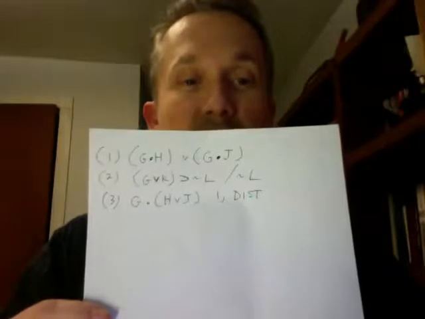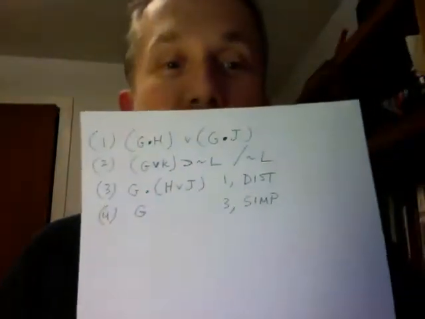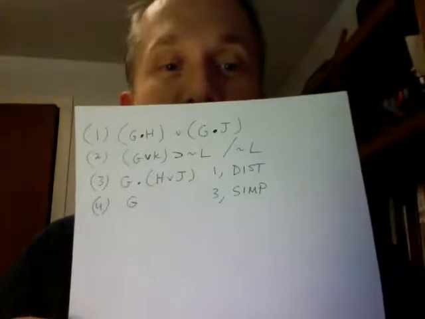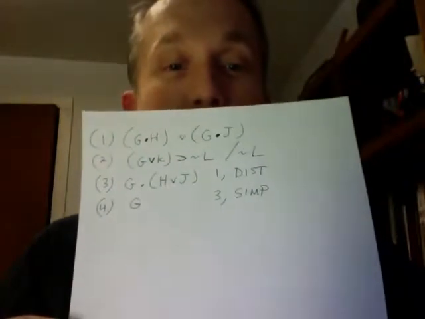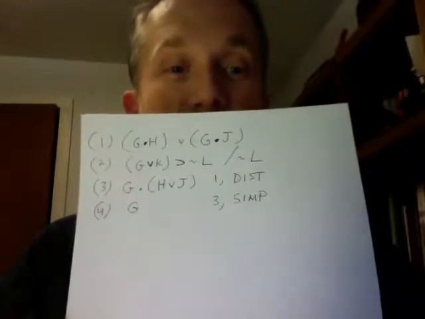I can change it still further. So I go on to line 4. What I find is that the simplification rule will allow me to drop out the H or the J and to isolate the G by itself. So by applying simplification to line 3, I'm left with just a G.